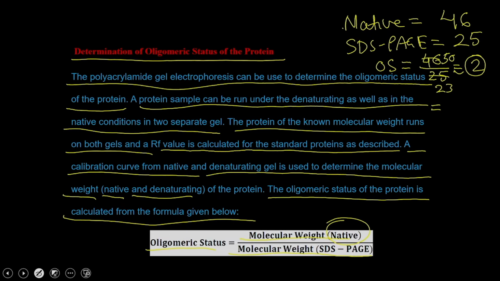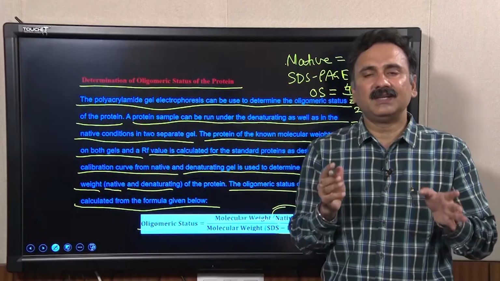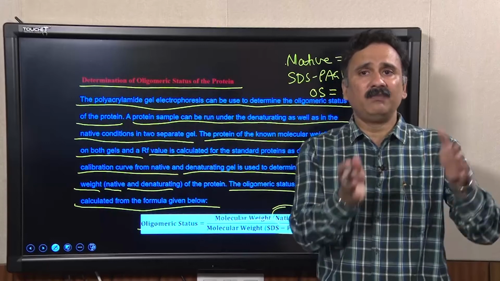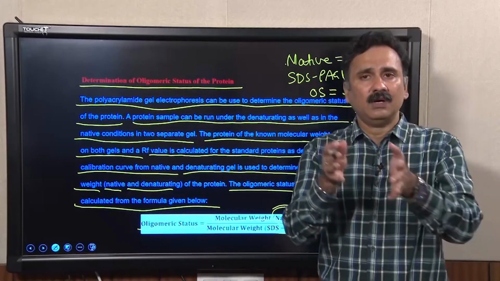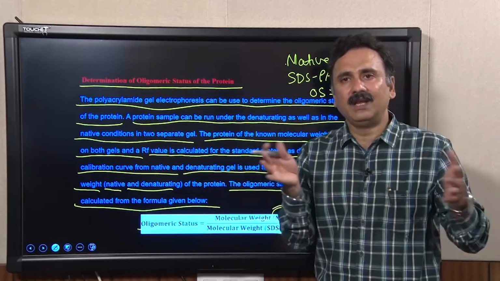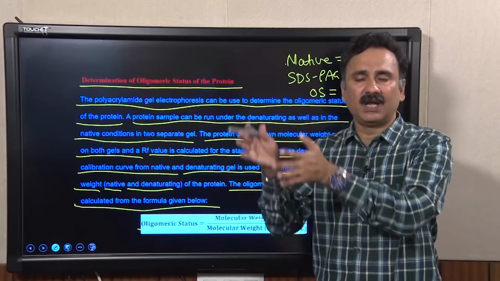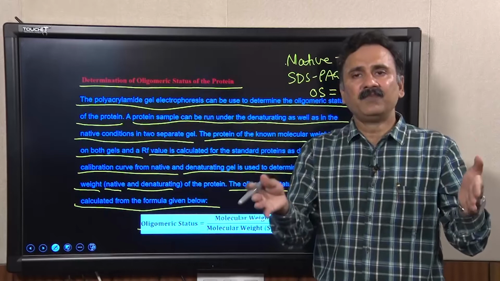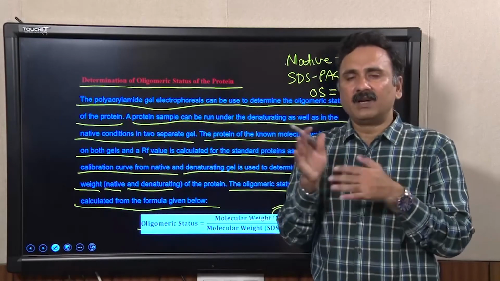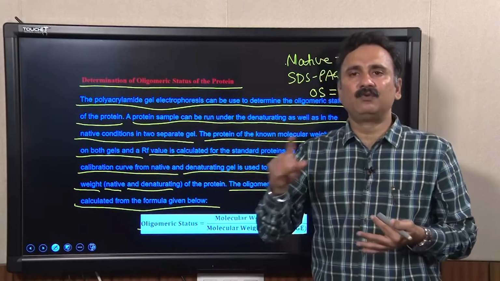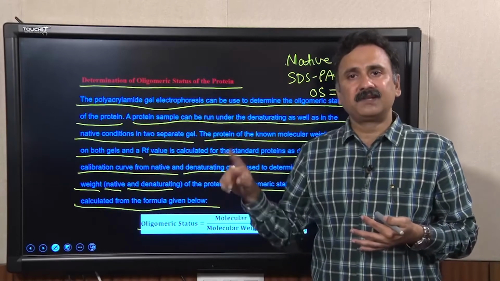But as you know, the oligomeric status is a perfect number; it cannot be 1.75 or 2.25 or any other number. It can be 1, 2, 3 or 4, but it cannot be a middle number. That is why whatever number you get, you have to make it the nearest round figure.